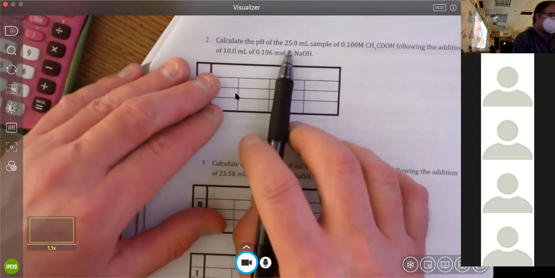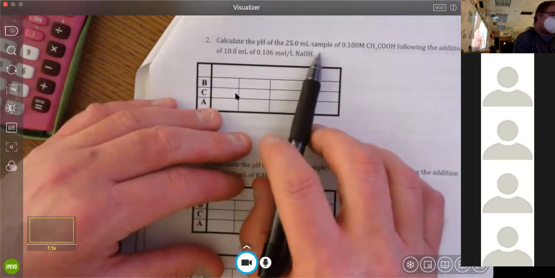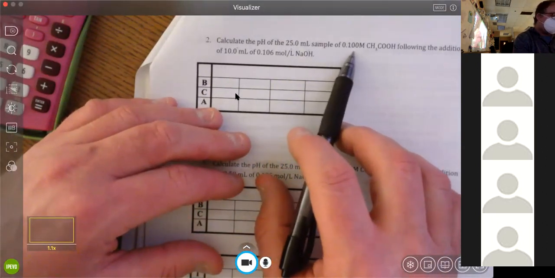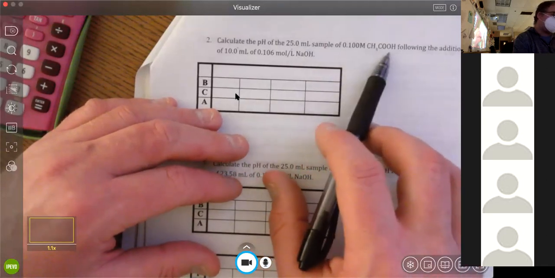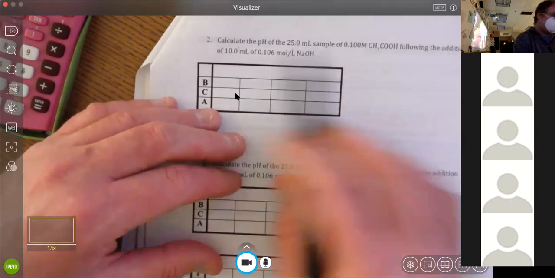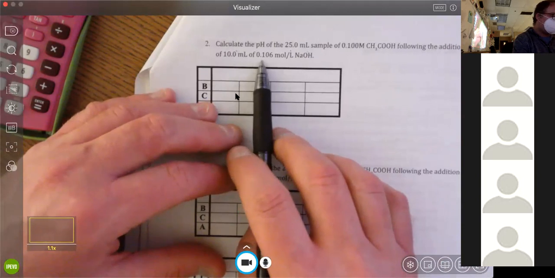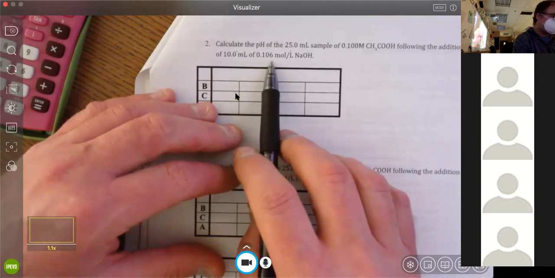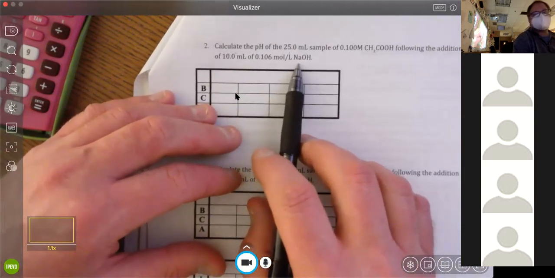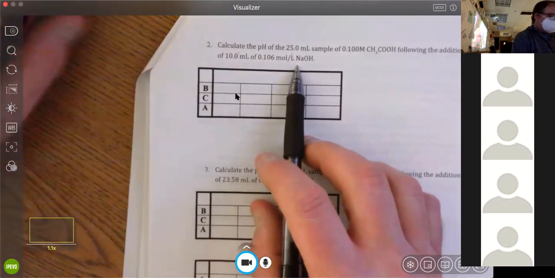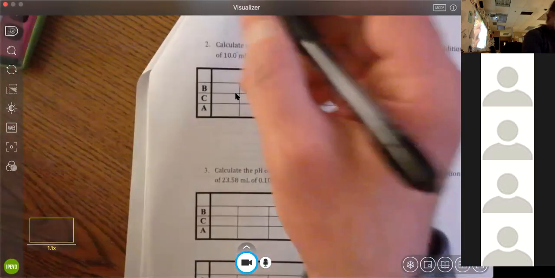It says calculate the pH of 25 milliliters of a 0.100 molar sample of the same solution following the addition of 10 milliliters of 0.106 molar sodium hydroxide. Now the deal with this is we need a BCA table.